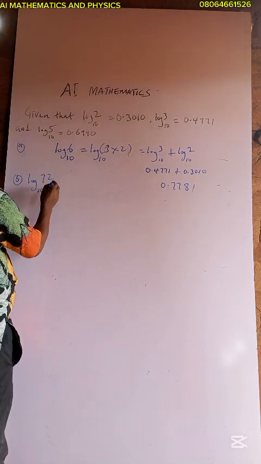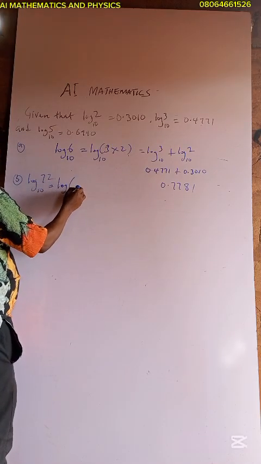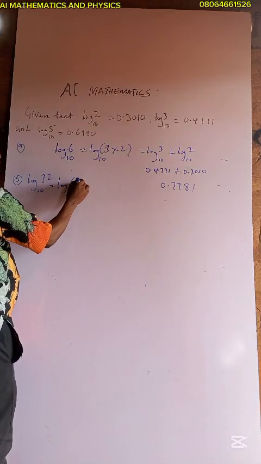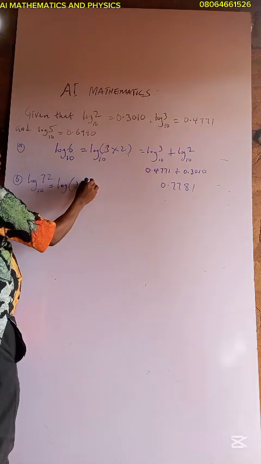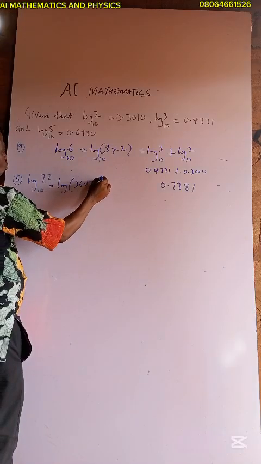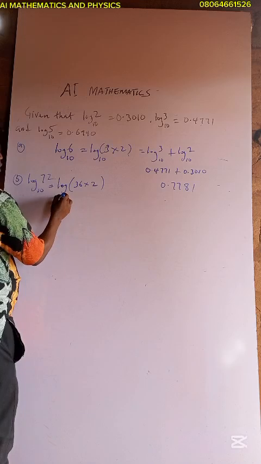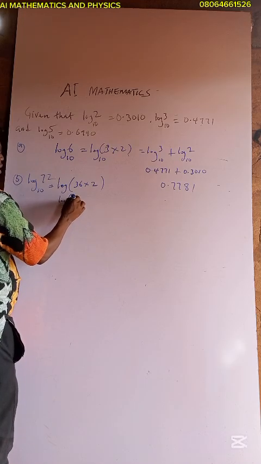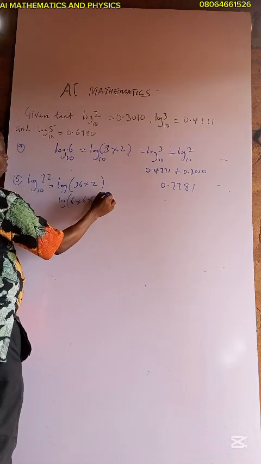This is just like we have log 36 times 2. And this is just like we have log 6 times 6 times 2.